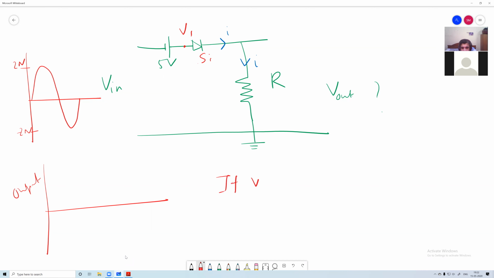If V in is -1 volt, diode FB or RB is the question. More than 5. Okay, but first answer this question. V in is -1 volt. At this point, is the diode forward bias or reverse bias?